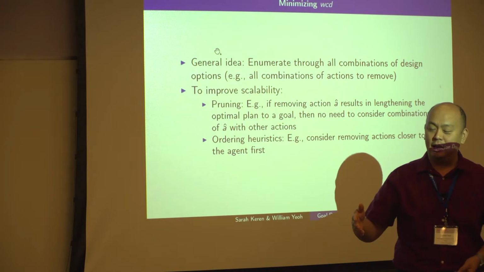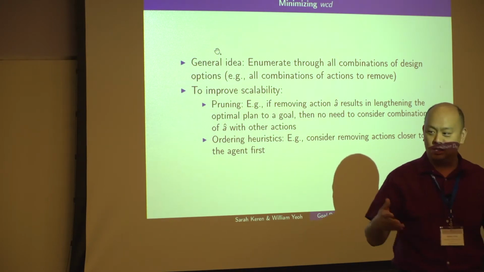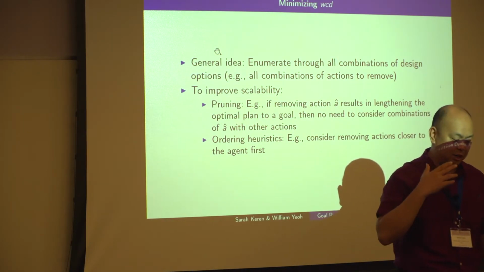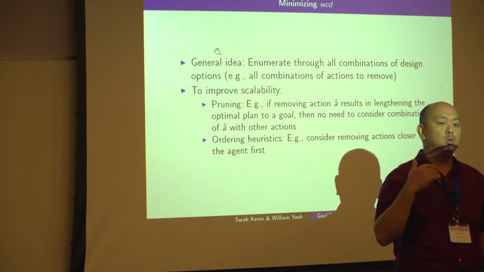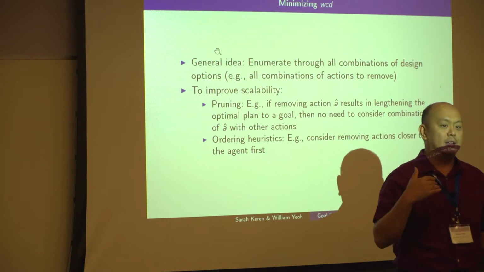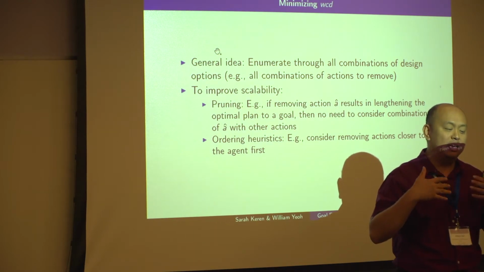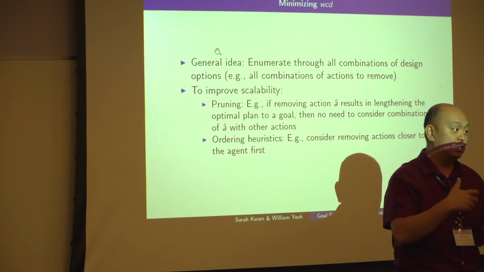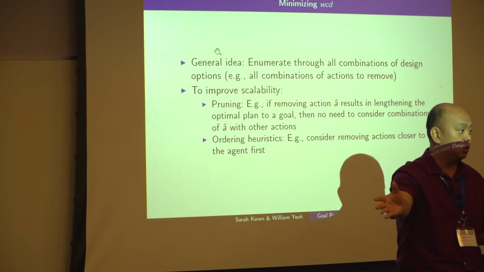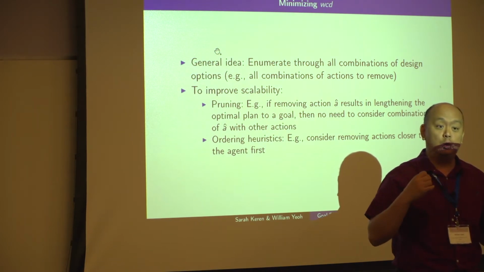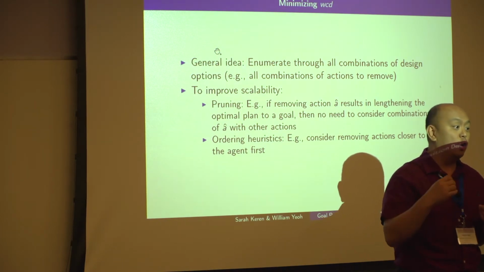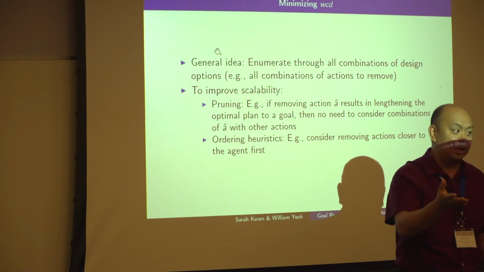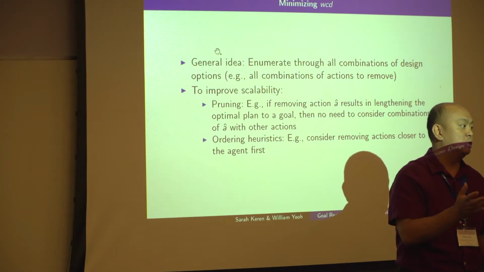So an implicit assumption in this GRD work that Sarah introduced is that we can modify the environment, but only if we do not block the ability of the agent to get to its goal, any of its goals. But not only do we not want to block the ability to get to its goal, we cannot make it worse than it was before the environment was modified.